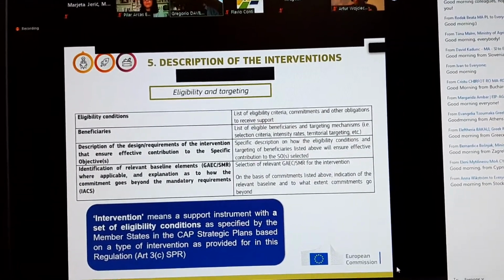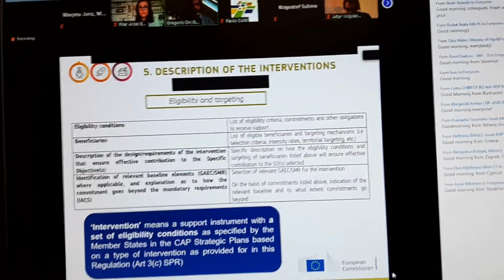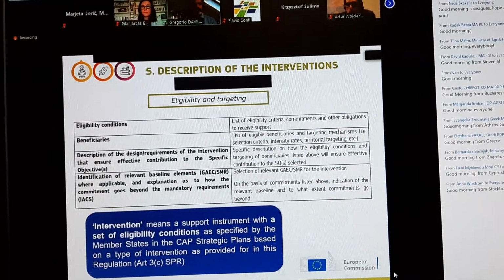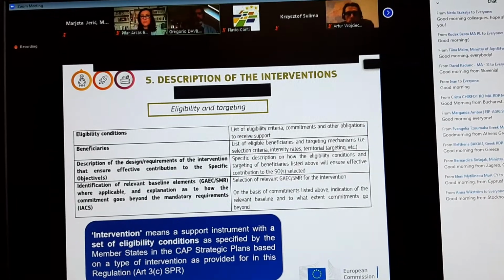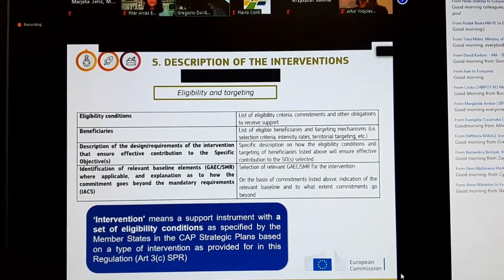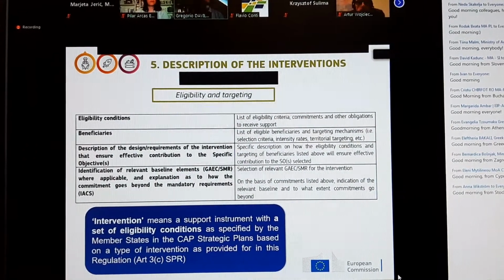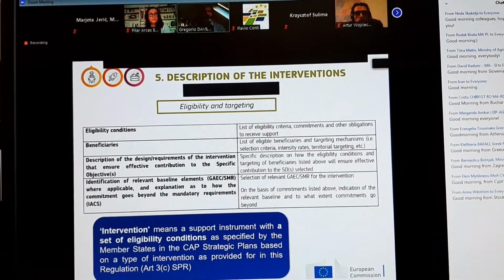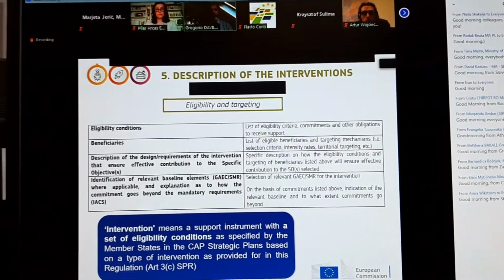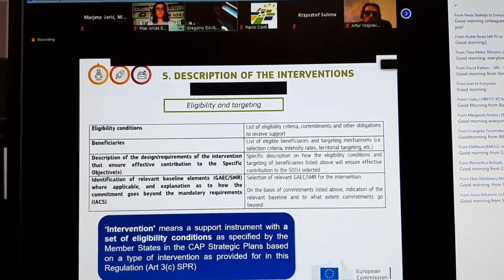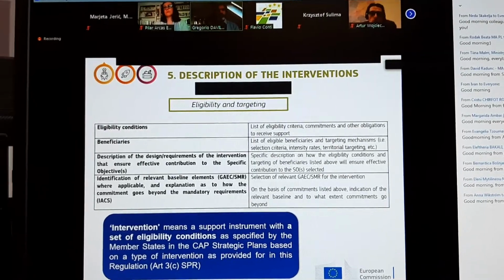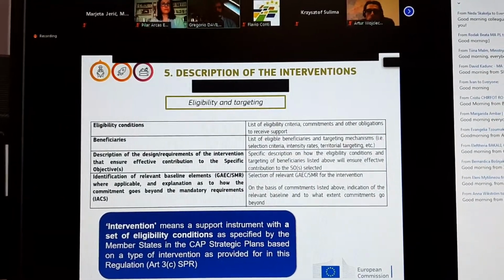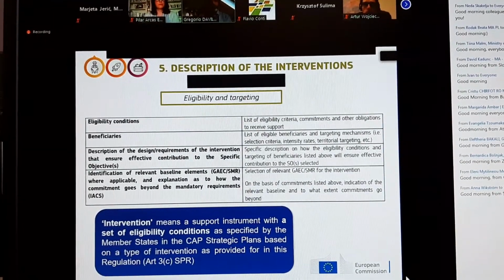Then there is another field which is very important to us: the identification of the relevant baseline elements. This is not just the listing of all the applicable national laws or the applicable GAECs. This is again a more qualified identification of the relevant elements from the baseline that are used for the commitments or for the eligibility conditions included in the intervention.